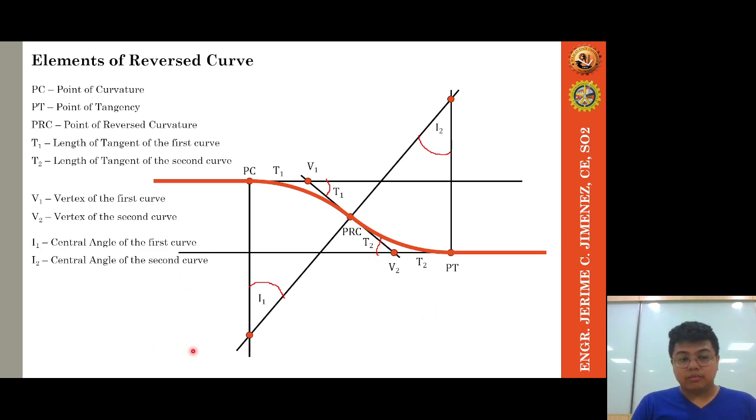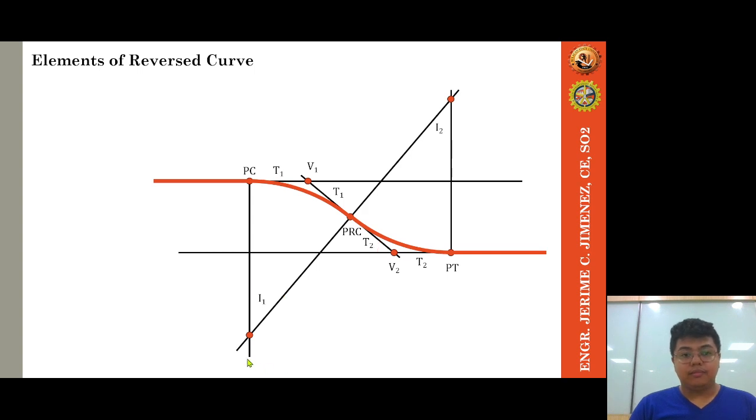Okay? We have also here the LCU1 or the length of curvature of the first curve. Okay? So that lies from PC papunta sa PRC. And then we have also LCU2. That is the length of the second curve from PRC papunta naman sa PT. Okay? Next, R sub 1 and R sub 2 are the radii of the reverse curvature.